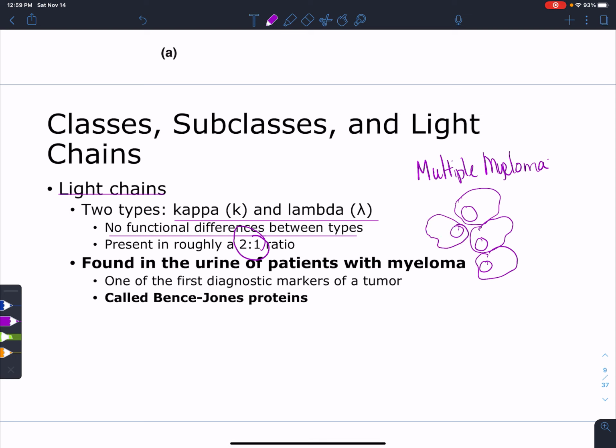And these plasma cells, if you remember, when a B cell becomes activated, it turns into a plasma cell. And these B cells, remember, they have a memory. Okay, and B cells, when they turn to plasma cells, they secrete antibodies.